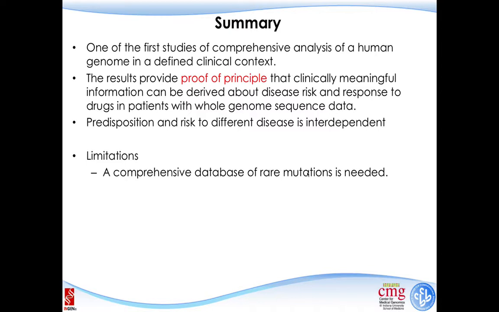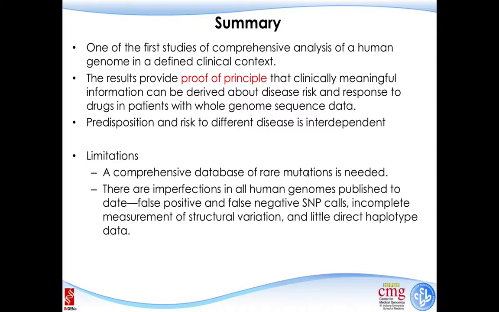The limitation for this type of study is that a comprehensive database of rare mutations is needed. I think there are multiple databases on the market trying to address this. And there are imperfections in all human genomes published to date, false positives, false negatives. So there are always some of these issues.